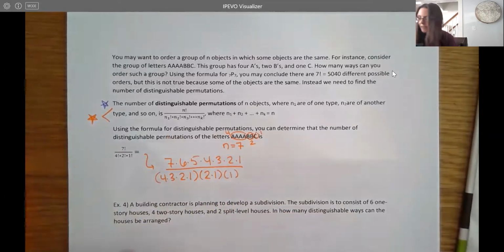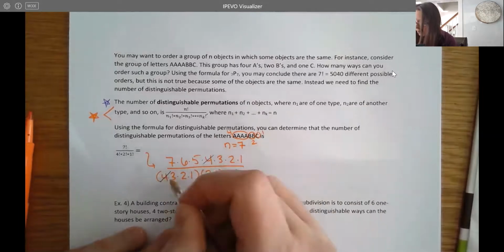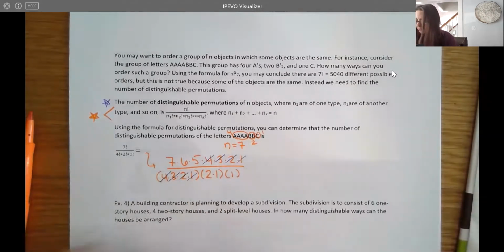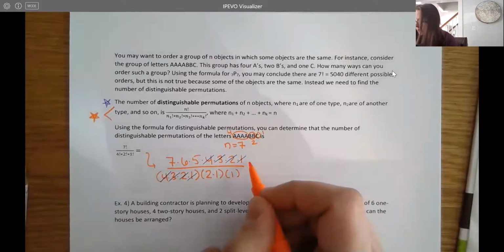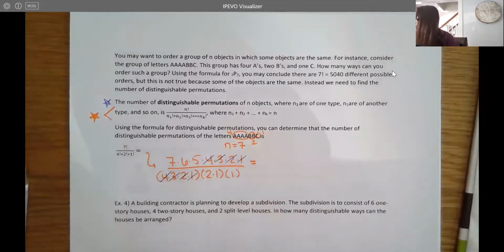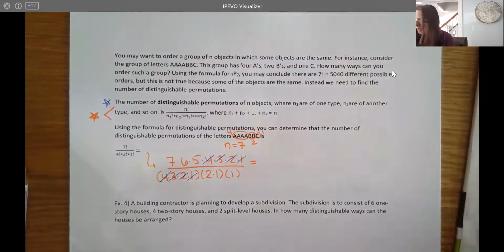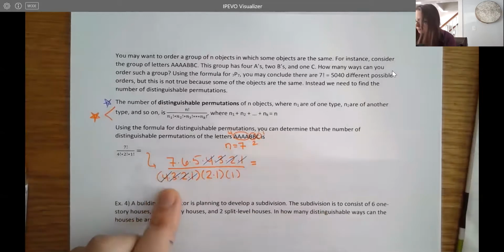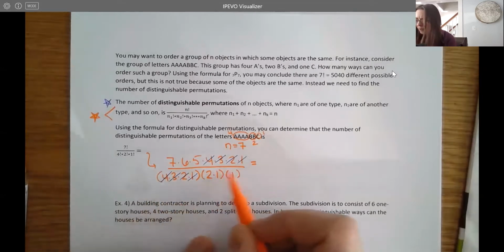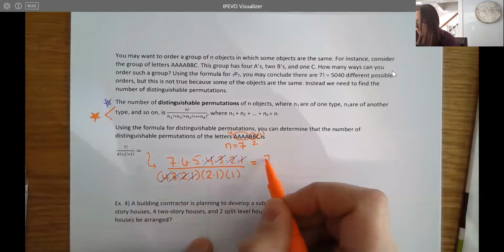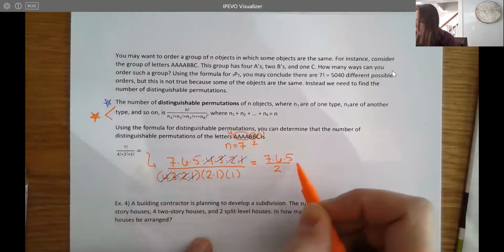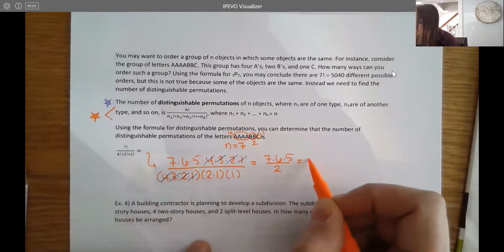So we do have some things that cancel out, right? The 4 cancels, 3 cancels, the 2, the 1. I have other stuff left over though, so I do need to multiply what's left. So if I go ahead and do that, I have 7 times 6 times 5 in the numerator. And then in the denominator, I don't really need these 1s because they're not going to change the value. So 2 times 1 is still 2. And when I multiply this out, I get 105.